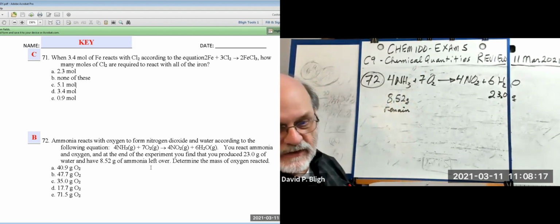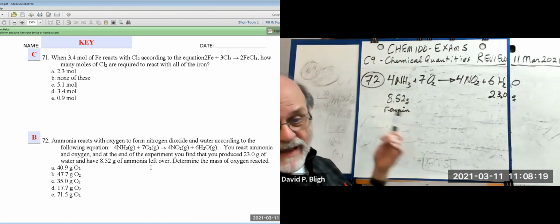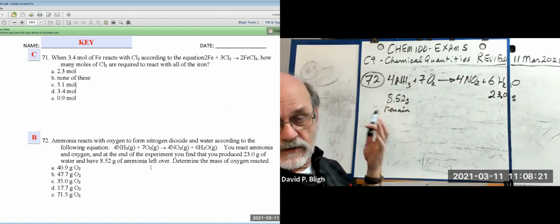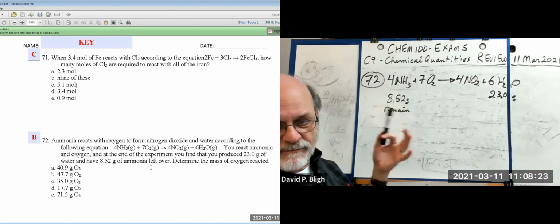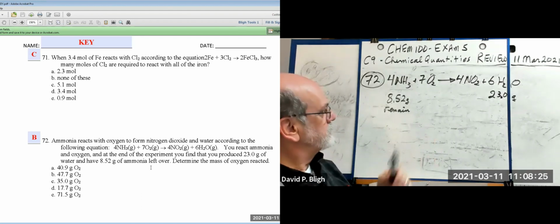That's how much remains of ammonia. Now, maybe we don't need that information. Let's look at the question. What's the mass of oxygen that was reacted?